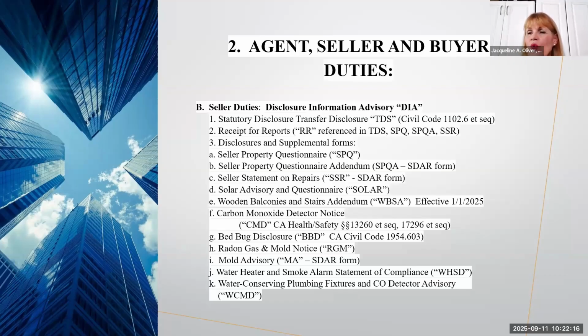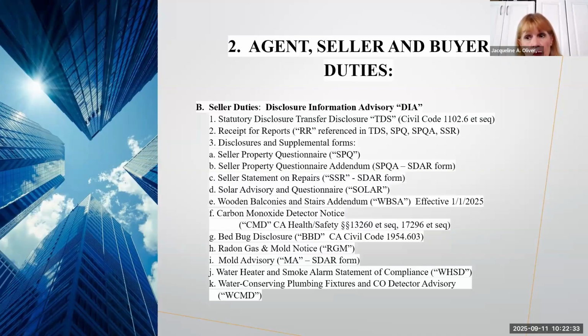The buyer is going to have to confirm that they received the TDS, the SPQ, the SPQA, the SSR. So you're taking a look at all the forms that they've received.